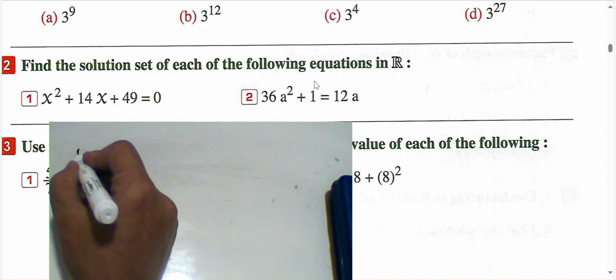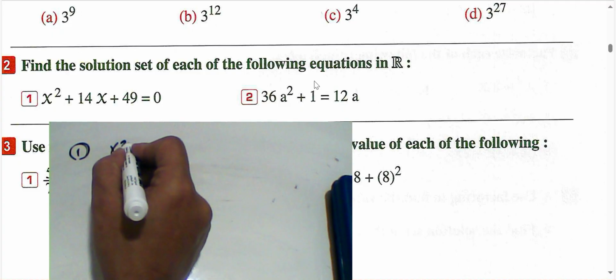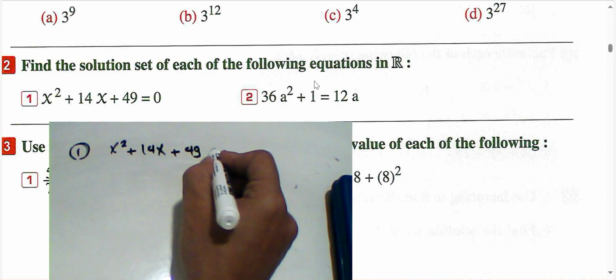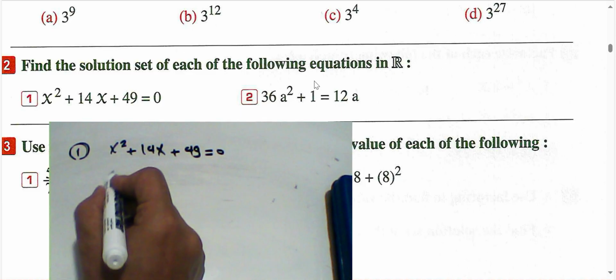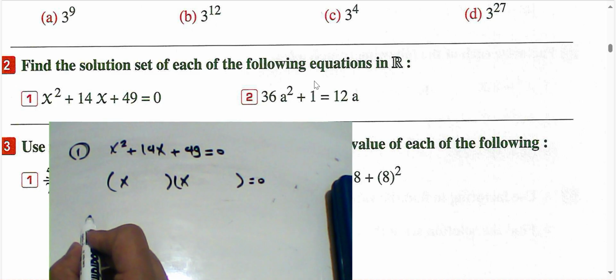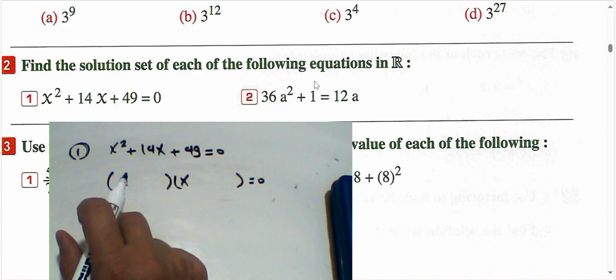Find the solution set in real numbers here. First question. We have x^2 plus 14x plus 49 equals 0. We can factorize this expression. x^2 equals x times x, and we want 49 here, 7 times 7.